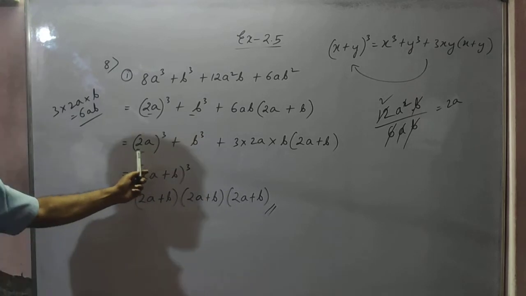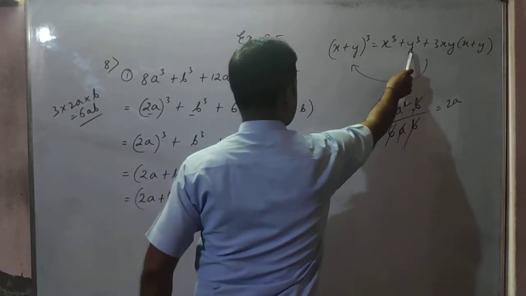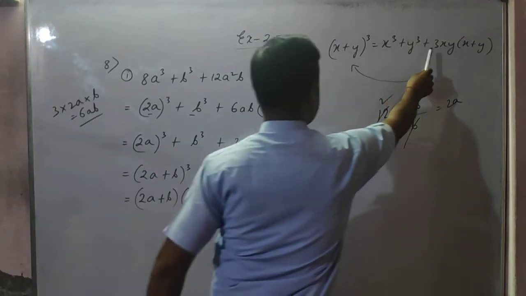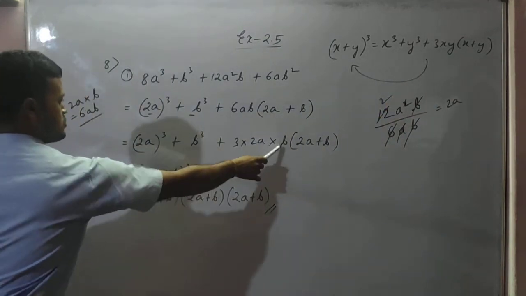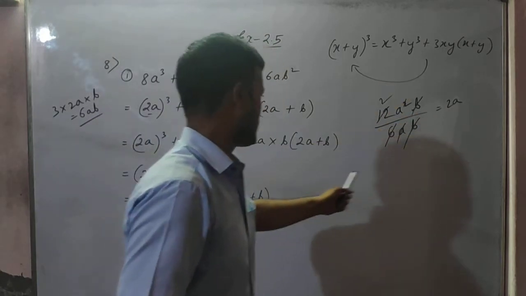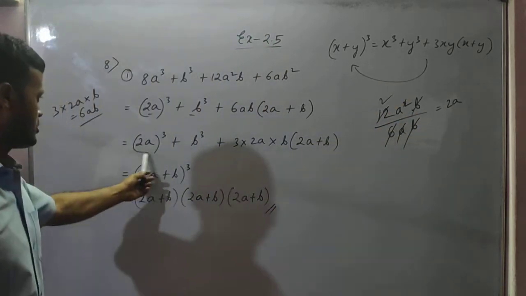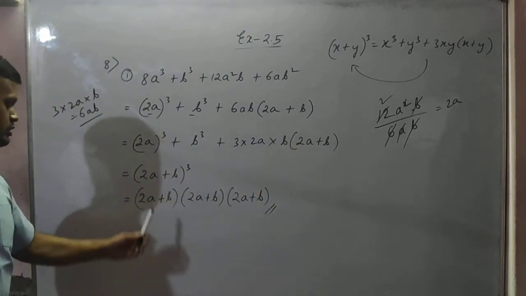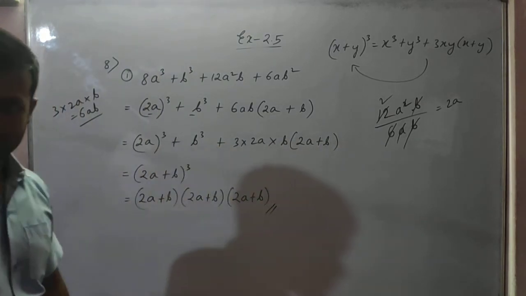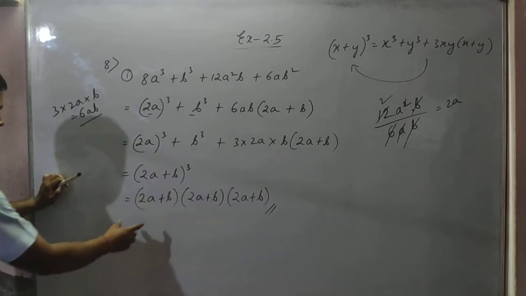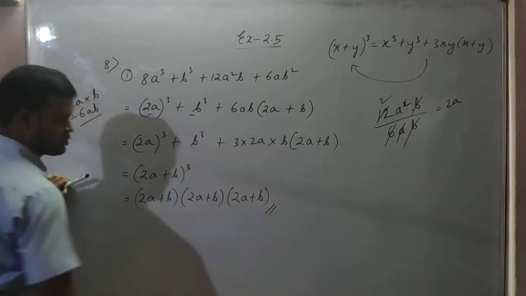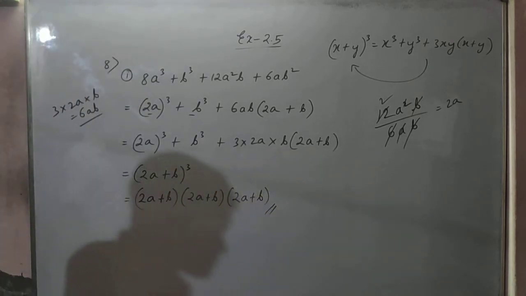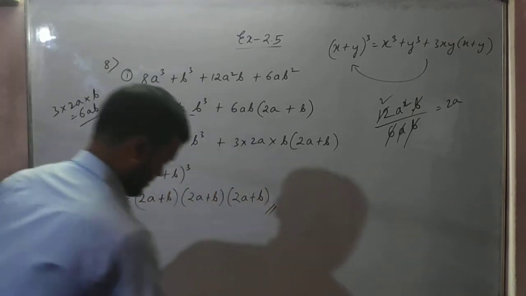So 3 into x into y into x plus y, which is 2a plus b. So x cube plus y cube plus 3xy into x plus y is equal to x plus y whole cube. That means 2a plus b whole cube. So you can write 2a plus b into 2a plus b into 2a plus b, 3 times. Is it okay? Understood? All of you? Okay.